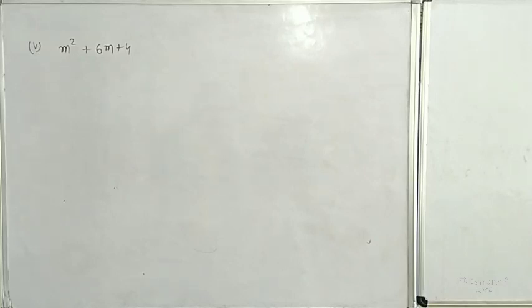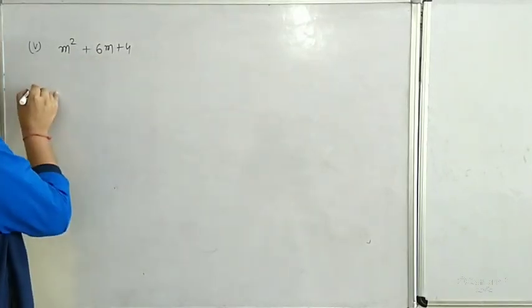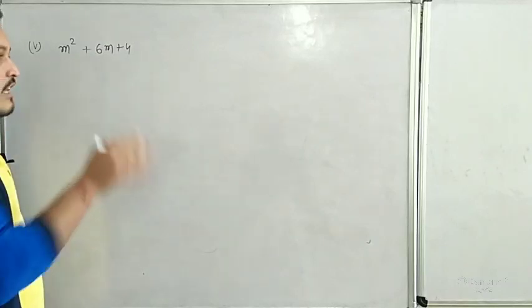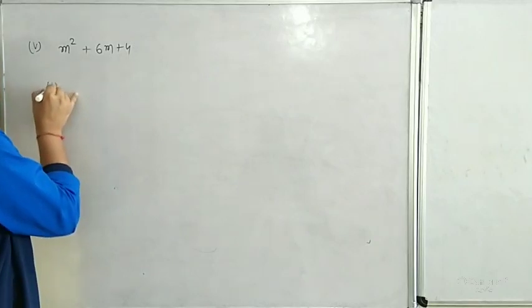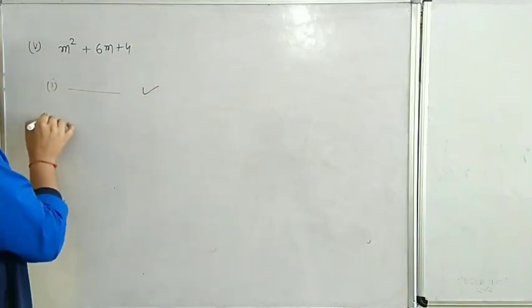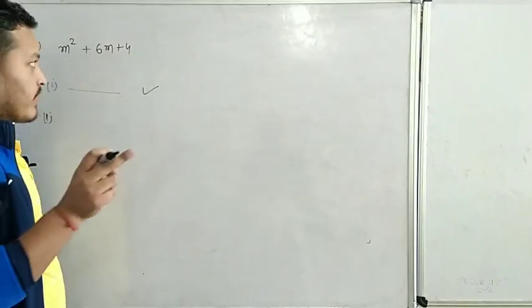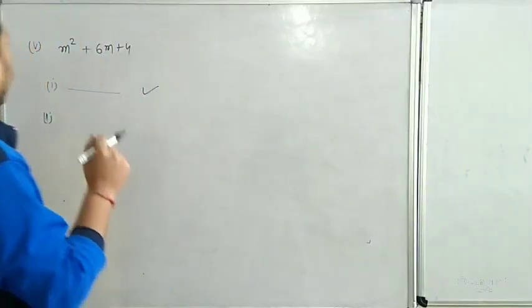Okay, Ankit Vist, very good, because there is 6m. So m square plus 6m plus 4. First condition, what is the first condition? It has 3 terms. Yes, it has 3 terms. First condition satisfied. Second condition, any 2 terms will be perfect squares.